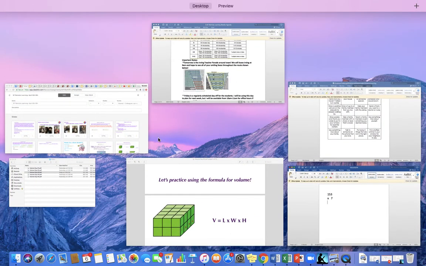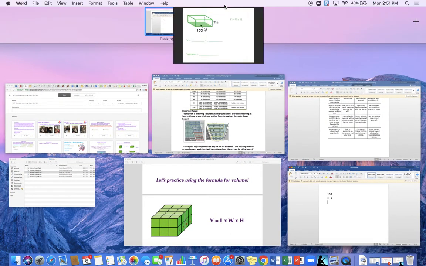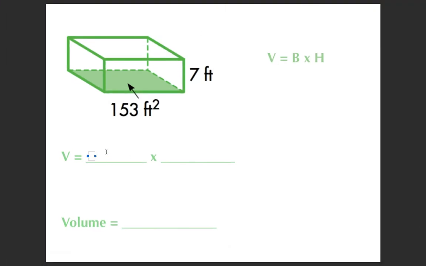All right, if you need more time, go ahead and pause the video. If not, let's talk about this one. So we are doing 153, which is our base, times our height, which is 7. And what you should have gotten is 1,071 cubic feet.